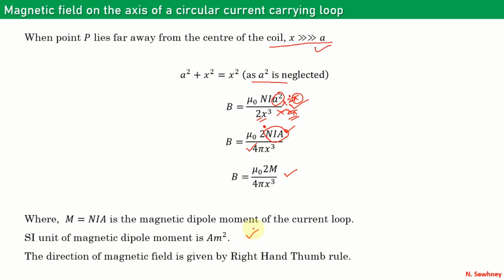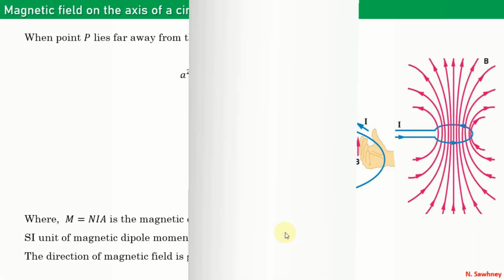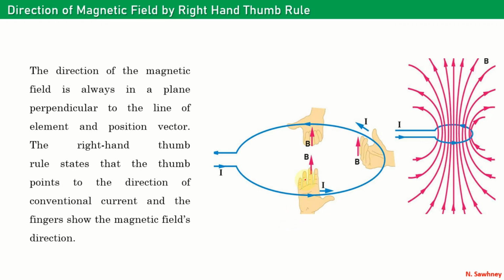The direction of this magnetic field is given by right hand thumb rule. So let us study the right hand thumb rule in detail. The direction is always in a plane perpendicular to the line of the element and the position vector. And the thumb rule states that the thumb points in the direction of the current flowing and the fingers show the magnetic field direction.